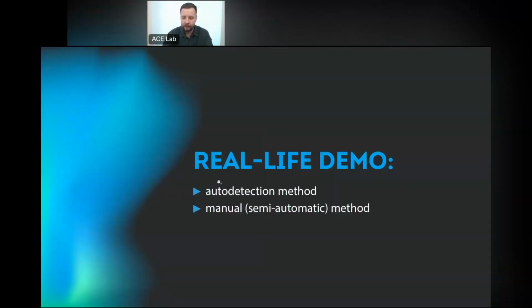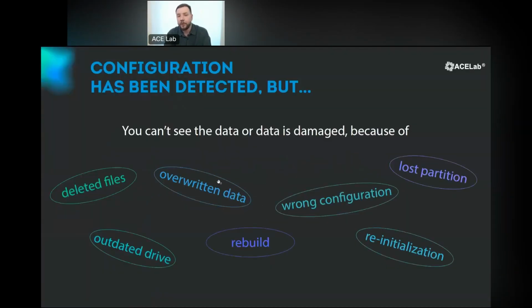And let's go to the next issue, which is configuration checking. Like in this example, the RAID configuration is detected, but some data is damaged. Or maybe sometimes the RAID configuration is detected, but you can't see the data. Why? Actually, there are a lot of reasons. For example, you could not see the data because files were deleted, or maybe some data at the beginning of the drive was damaged, and that's why you can't see the file system.